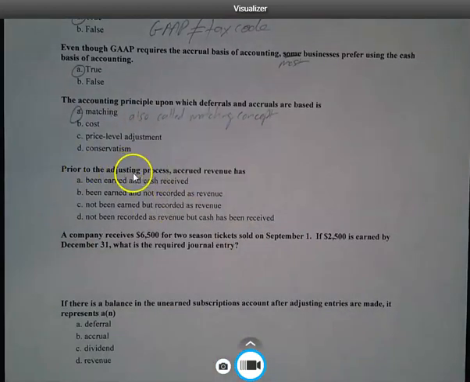All right, prior to the adjusting process, accrued revenue has been earned and cash received, been earned and not recorded as revenue, not been earned but recorded as revenue, not been recorded as revenue but cash has been received. Okay, I'm going to work through these backwards. Not been recorded as revenue but cash has been received.